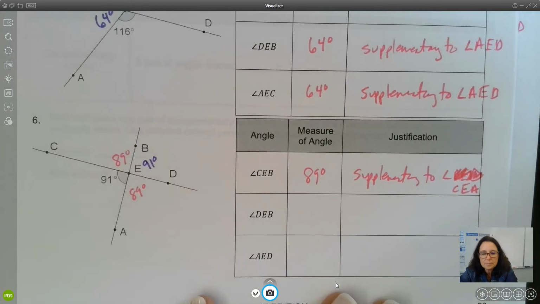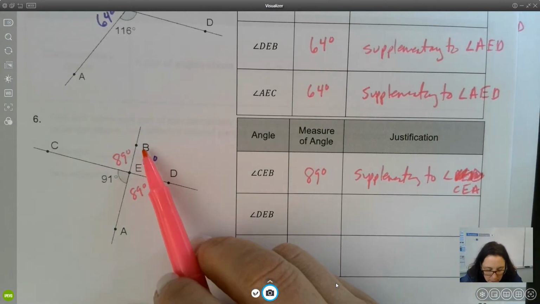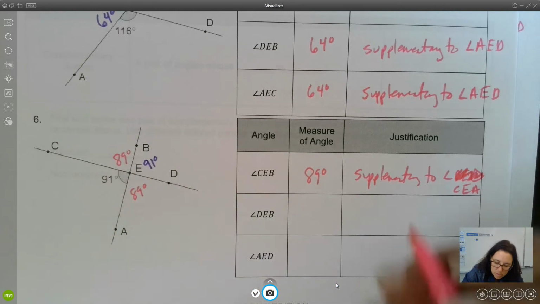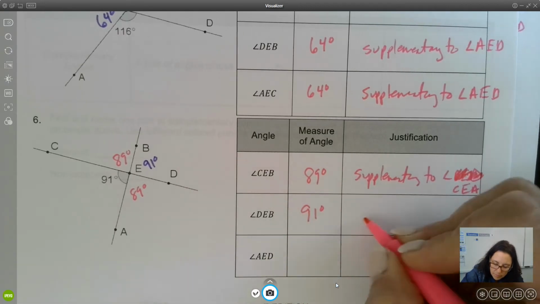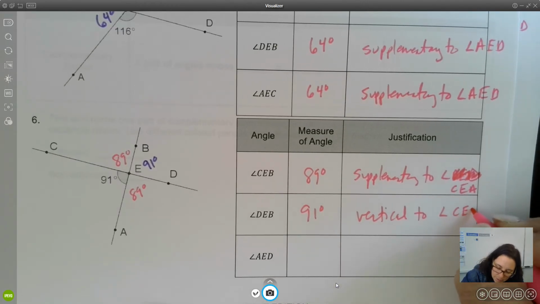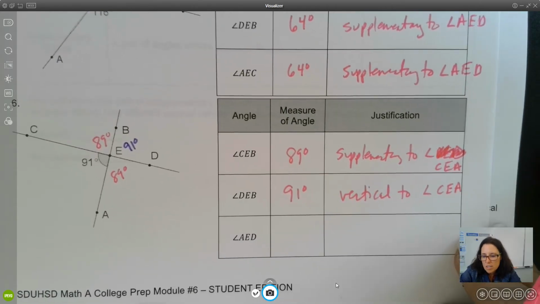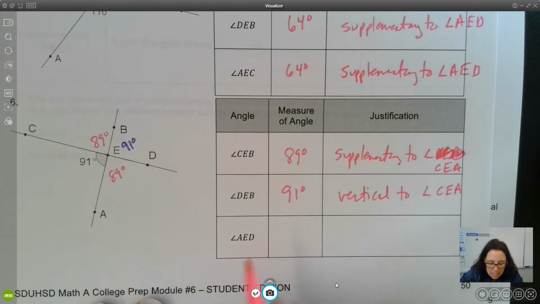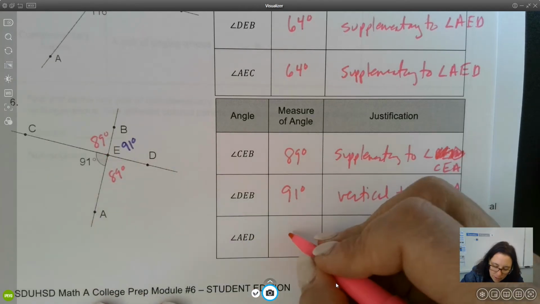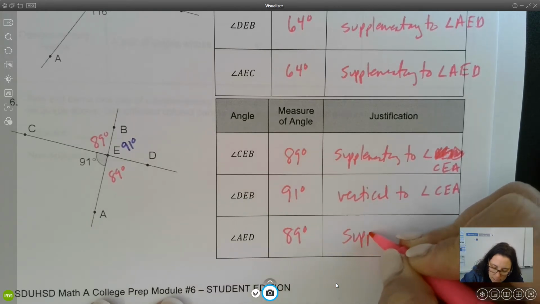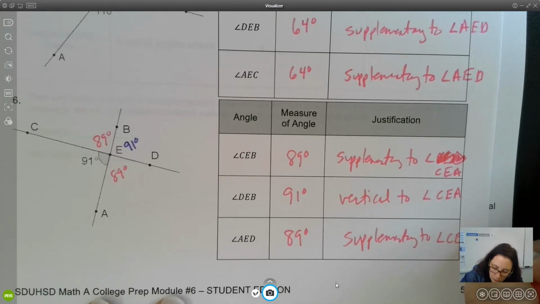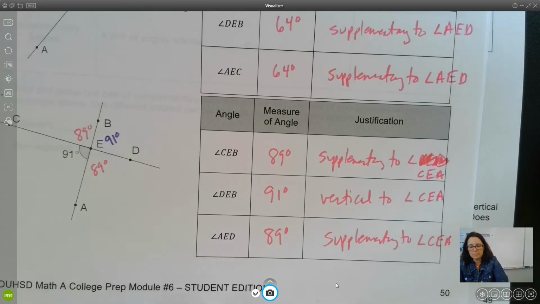Angle CEA. DEB is 91 degrees because it's vertical to angle CEA. So I'm just relating everything to that given CEA. I think that's the easiest way. AED, 89, is supplementary to the one that was given, angle CEA.